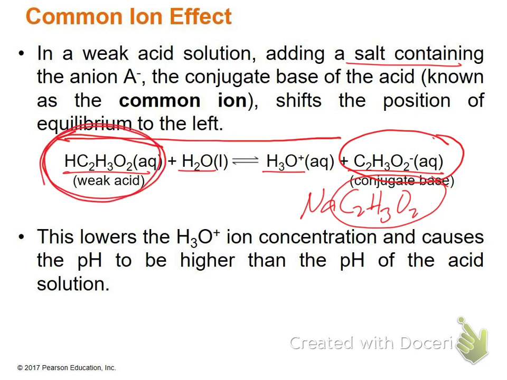Because the reactants are favored, the amount of hydronium ion will decrease. The lowering of the hydronium concentration will result in an increase in the pH, which means that it becomes less acidic. The solution will become less acidic when you add a salt containing a common ion.